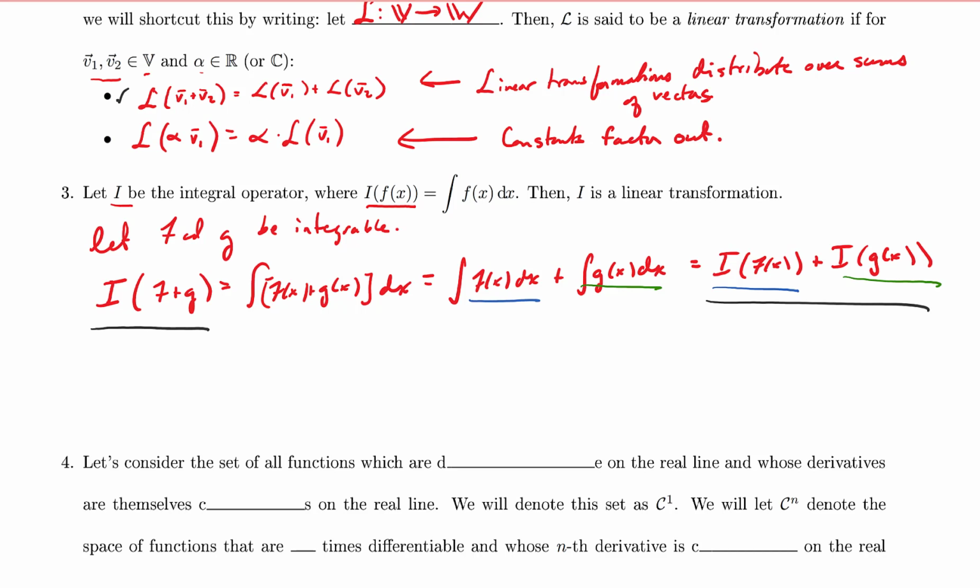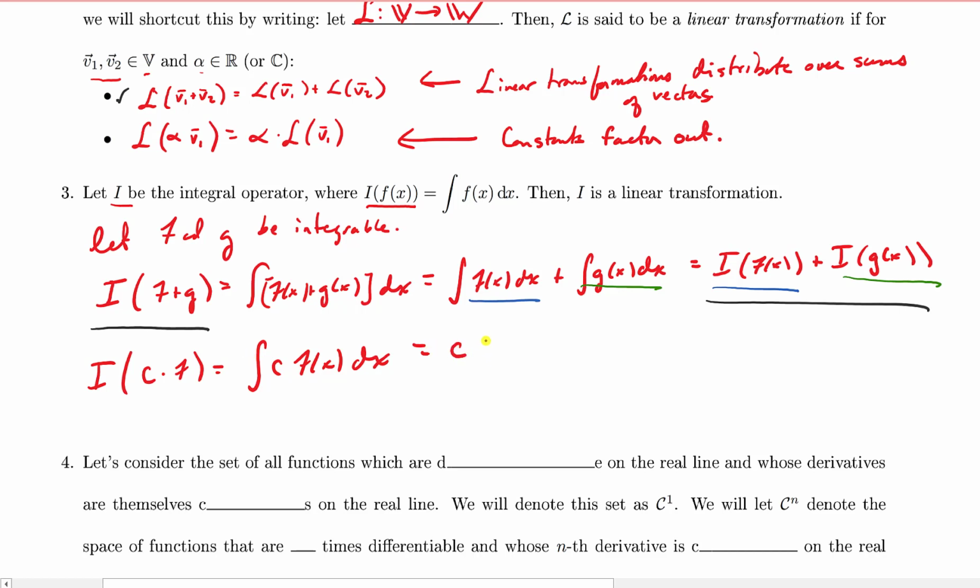For the second thing we need to check, well, we could take I of some constant, let's just call it c, times f. So that's equal to the integral of that constant times f of x dx. And again, this is the part where you're going to feel a little bit of frustration because we've done this all along. Somewhere early on in a calc course, you learned that you can factor constants out of the Riemann integral.